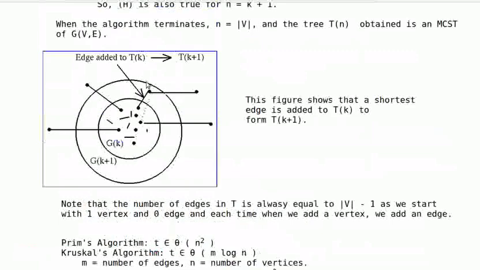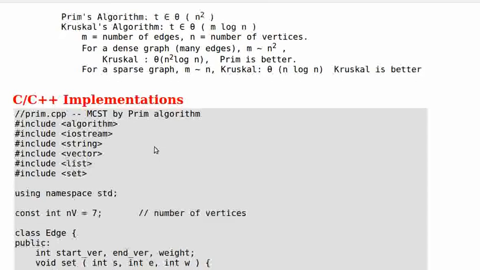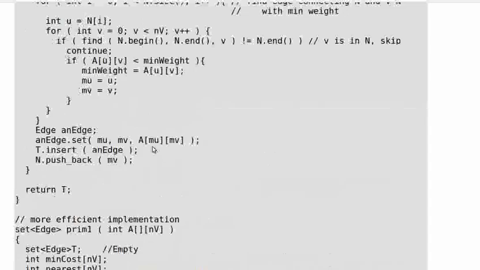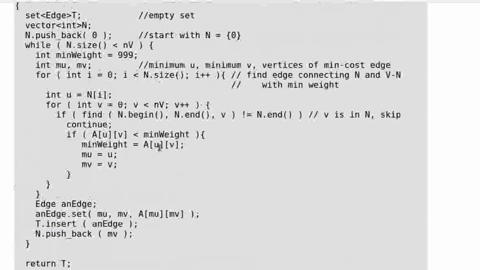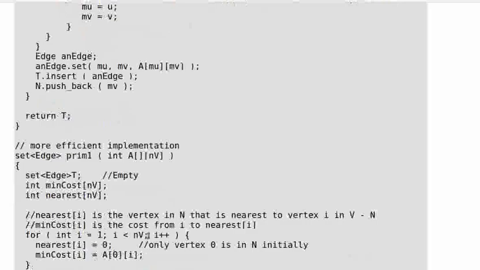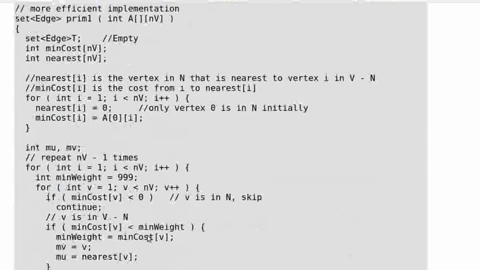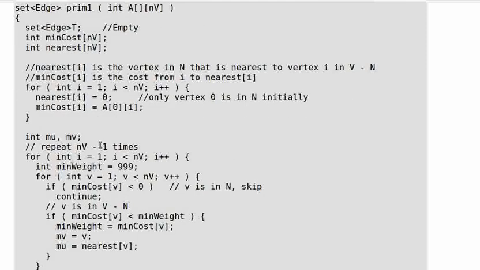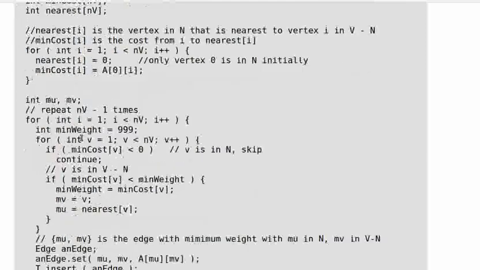When we include this one, we expand our T, or N, including this new one. We do this NV minus 1 times, and then we get the T.